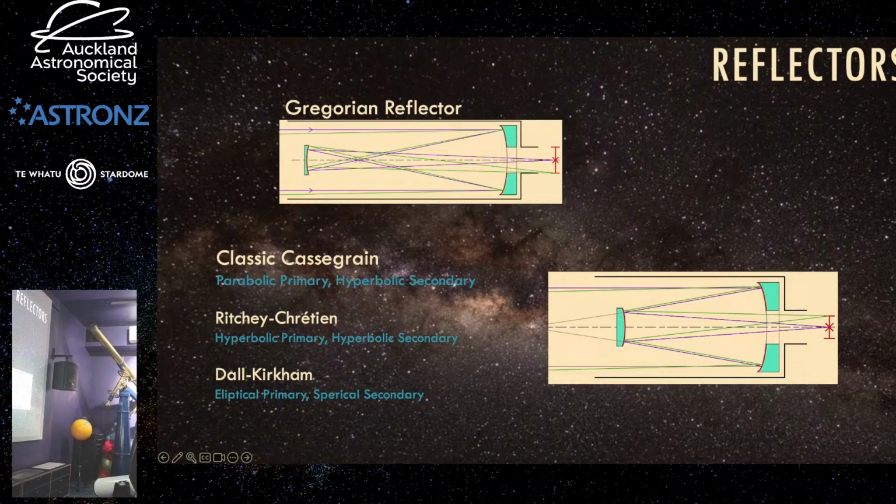So what they do is they put in a sub-aperture corrector which basically fixes the aberrations, and they've got it pretty pat now. The corrected Dall-Kirkhams are often used for astrophotography, and they do really well.